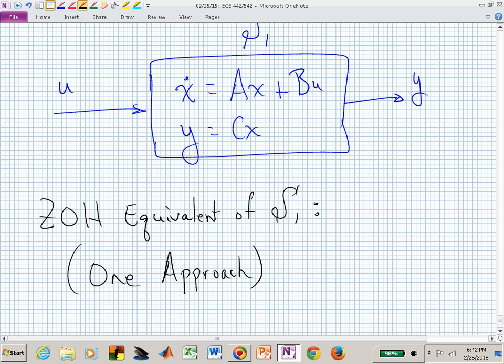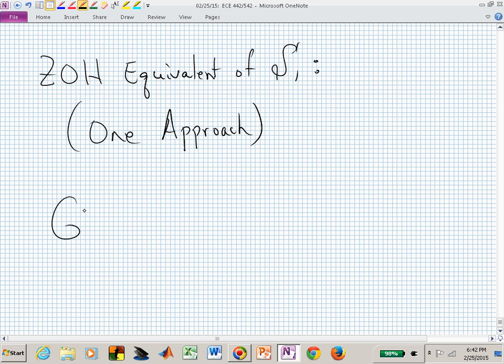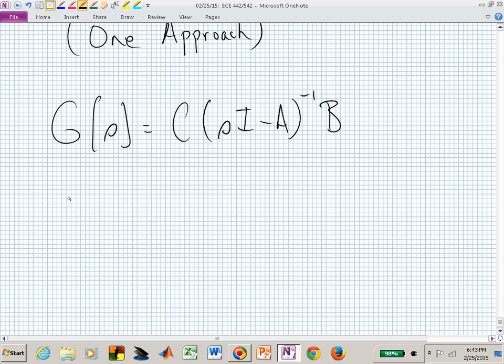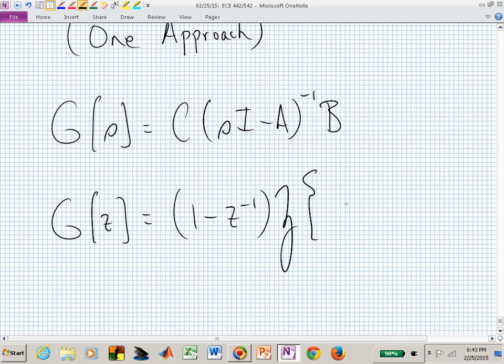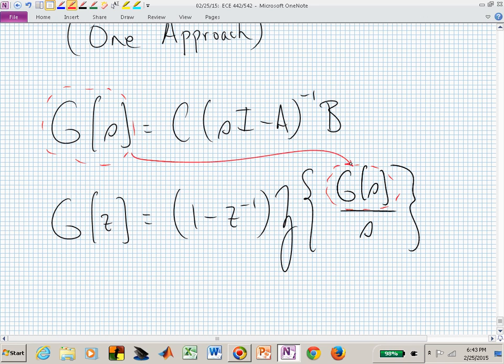So one brute force approach to this, it's not necessarily the best approach or the easiest, but we could say, oh, G of S is C times (SI minus A) inverse times B for that state space representation, and I know that the zero order hold equivalent of a capital G of S is 1 minus Z inverse times the Z transform of G of S over S, where this G of S is right there.